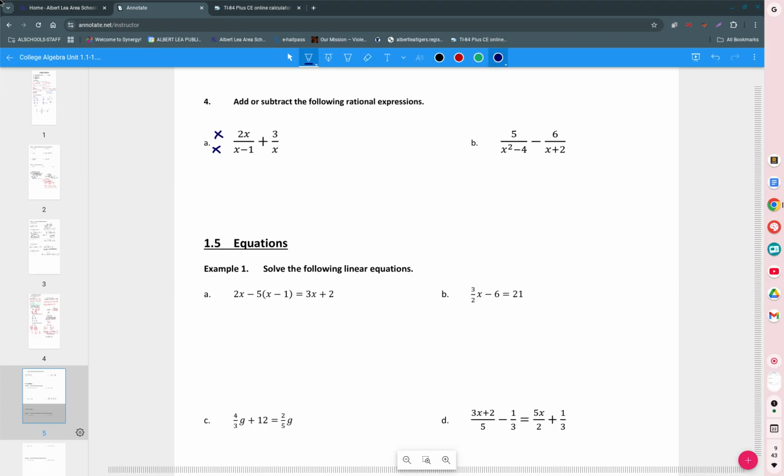And in this portion over here, I'll multiply the top and bottom by an x minus 1. And so I get a 2x squared, I get a plus 3x, I get a minus 3. And in the denominator, it is x times x minus 1.